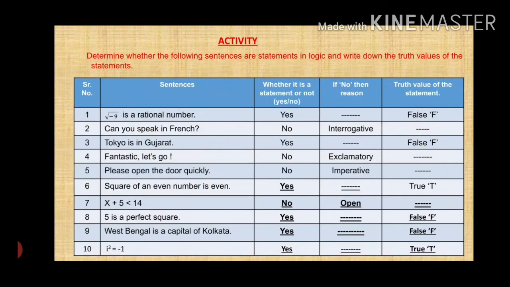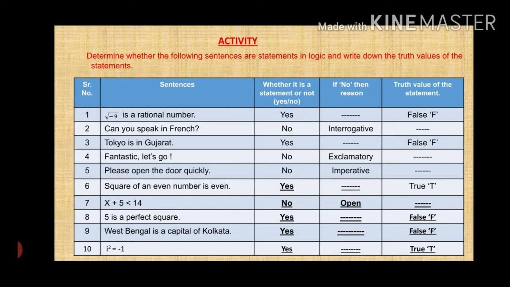Now in the textbook, you have been given one activity. See over here. Determine whether the following sentences are statements in logic and write down the truth values of the statements. They are given a set of sentences, and you have to see whether they are statements or not.